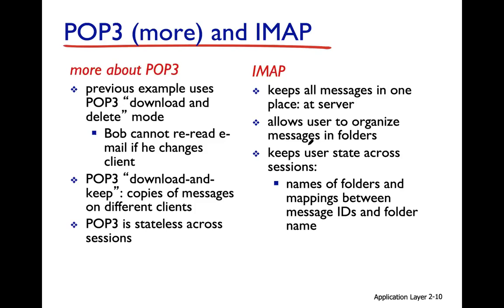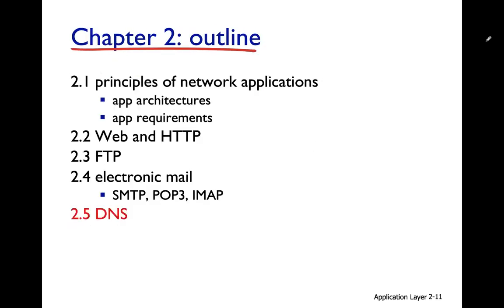So this one also implements state. For example, it will keep your folders and mappings, so that next time when you get a new message, it will directly deliver it to the certain folder, right? So this one is IMAP. So any questions?